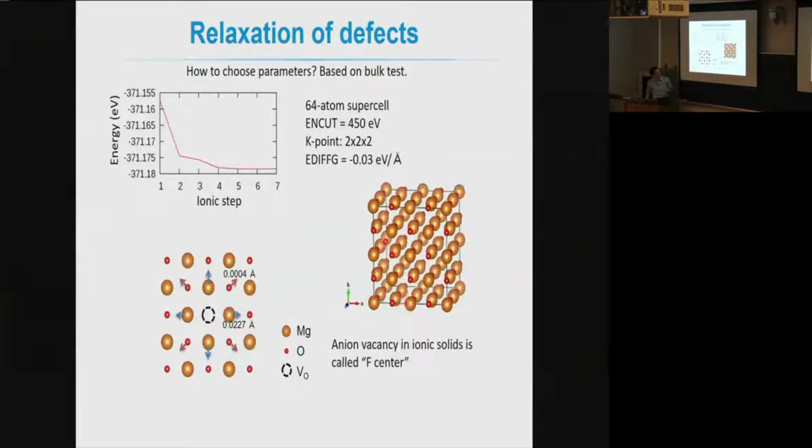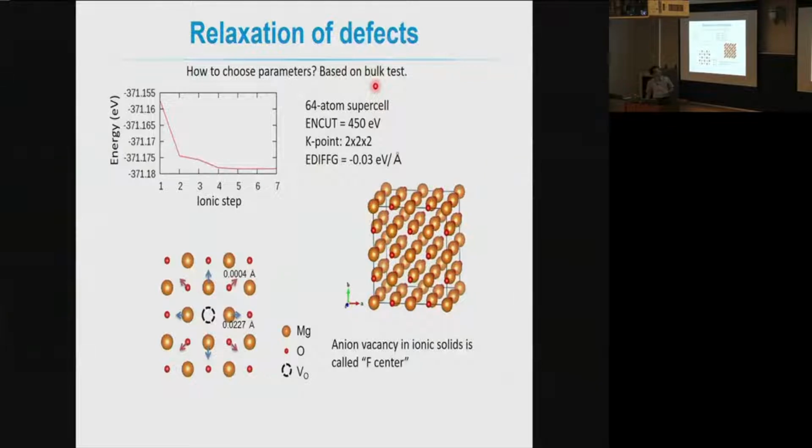About the computational parameters like cutoff energy or K-point selection, what we're doing here is basically following the results in the bulk test that maybe in the last class you have seen, that by changing the cutoff energy or the K-point, the energy converges to a certain value.